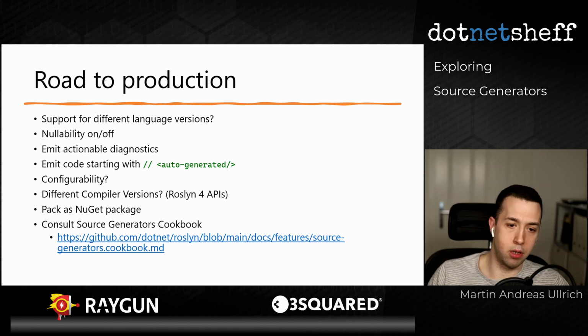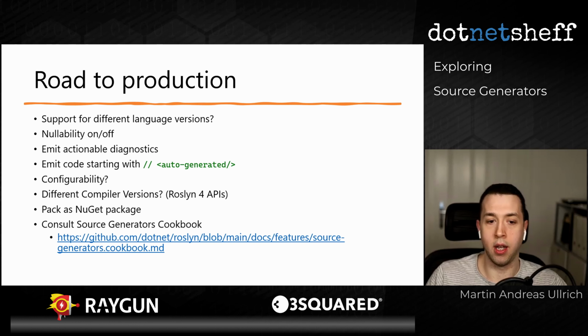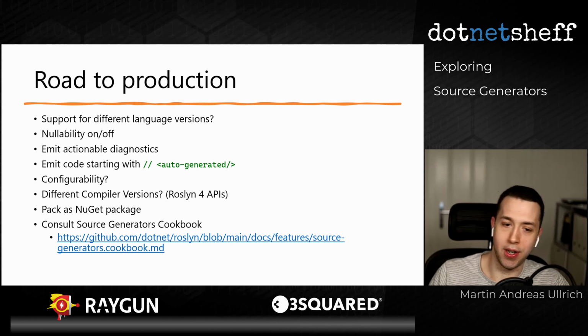And again, make sure your generator uses one of these configuration options if you need any configuration. And if you use these new Roslyn 4 APIs, just make sure that you communicate that your generator only works in Visual Studio 2022 and up. Yeah, most people, sadly, don't switch overnight to the latest Visual Studio version.